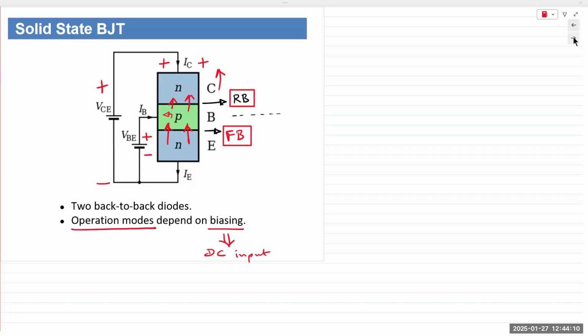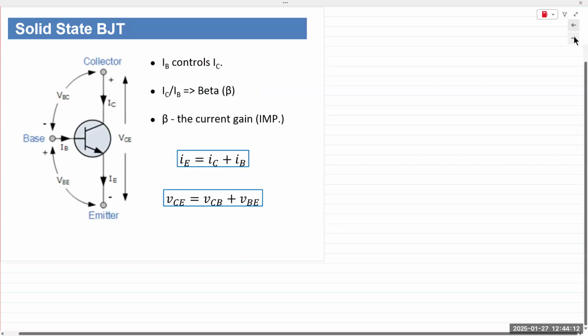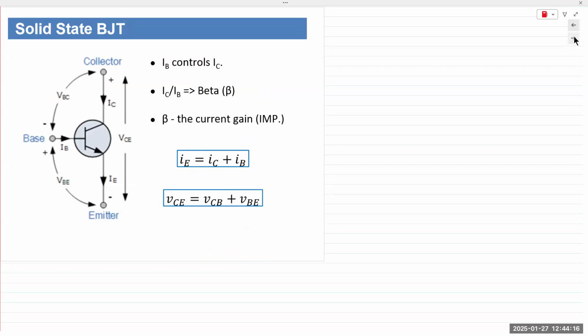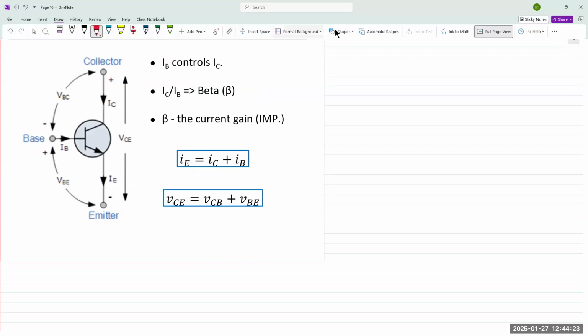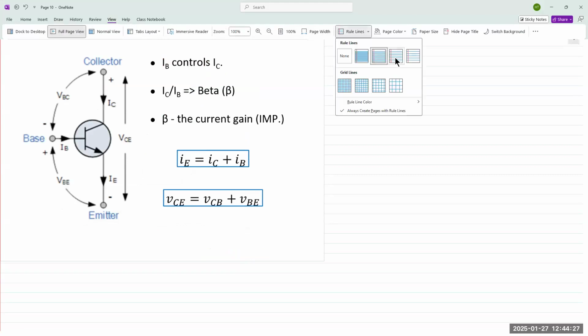Let's look closely at how it actually works. We have 3 terminals: collector, base, and emitter. We use the standard reference configuration and voltage polarity and the current direction.